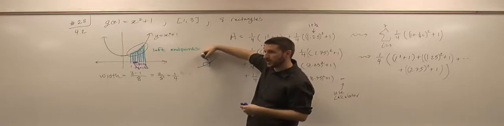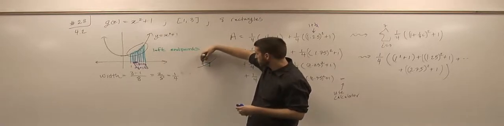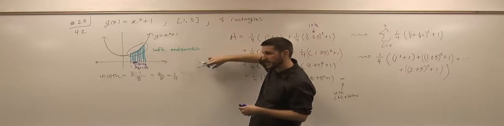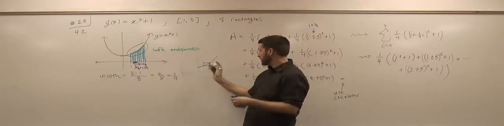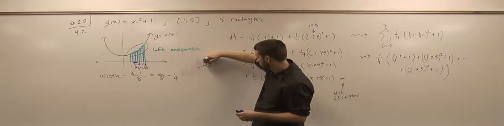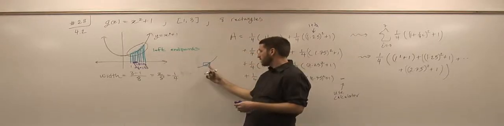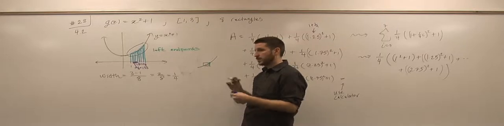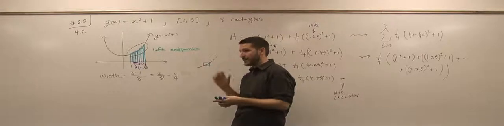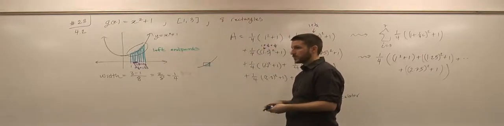But this isn't a straight line. If this were a straight line, then you'd have as much overestimate as you had underestimate. But since it's bowing upward like this, I think the underestimate is going to be less because you have less error here than you do here. So that has to do with the concavity, right? Which way it's bending.